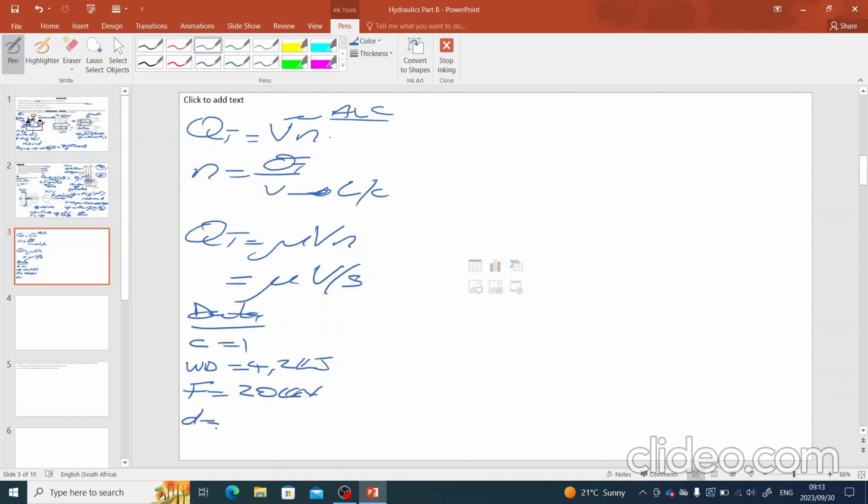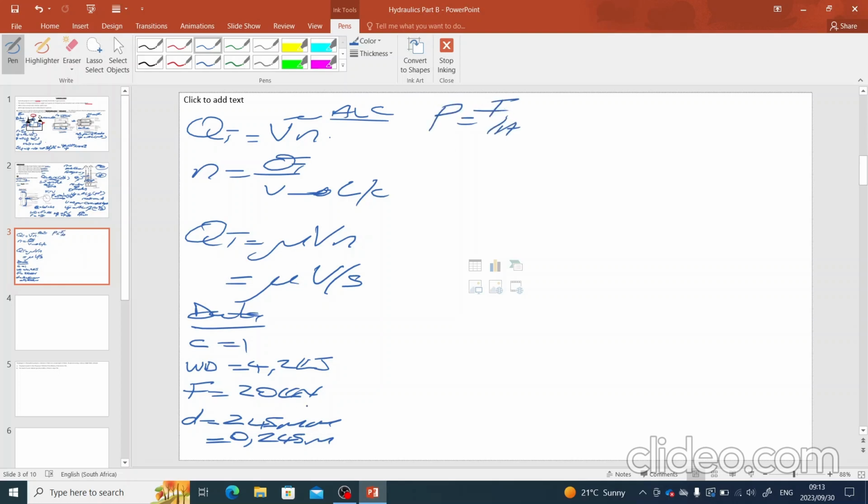The diameter of the piston is 245 millimetres, which is 0.245 meters. Now, question number 1: they want us to calculate the water pressure during the working stroke. We know that in calculating pressure, pressure equals force over area.